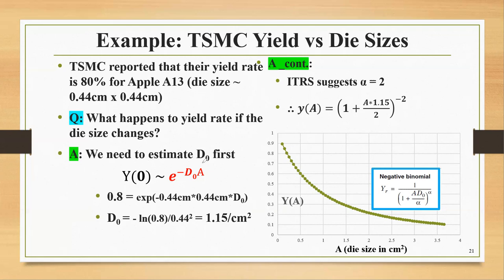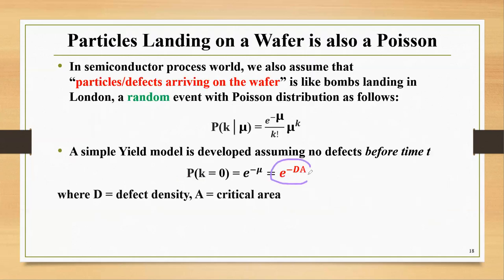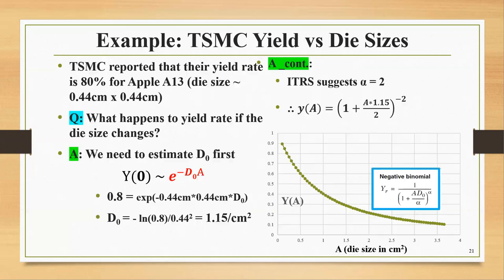Then we need to estimate D0 using the first formula we introduced. Yield equals exponential of minus 0.44 centimeter times 0.44 times D0.